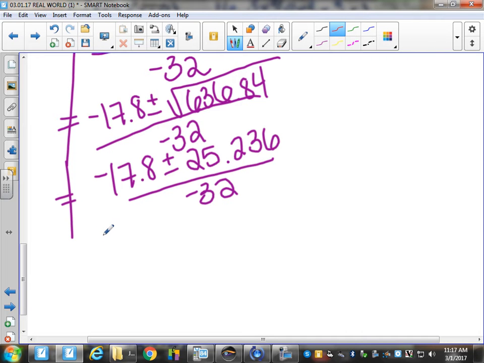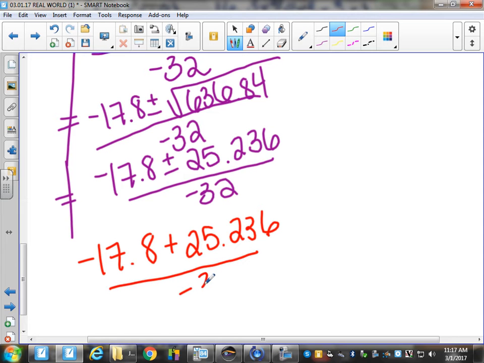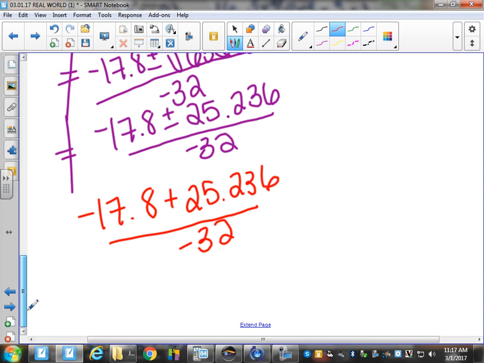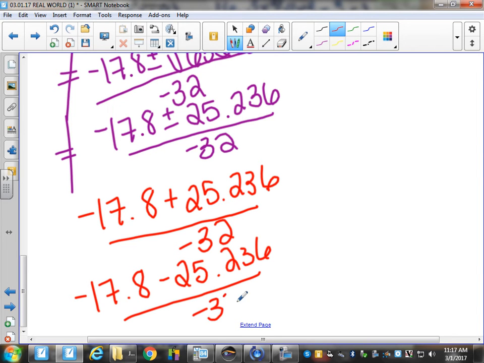Yes. So we have negative 17.8 plus 25.236 over negative 32. I want you guys to do that. That will give me the final answer. And negative 17.8 minus 25.236 divided by negative 32. Let me know what you get.